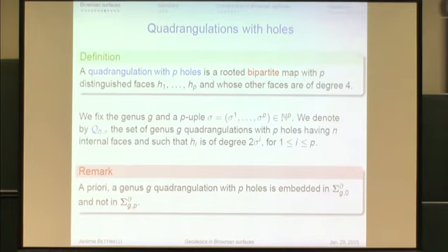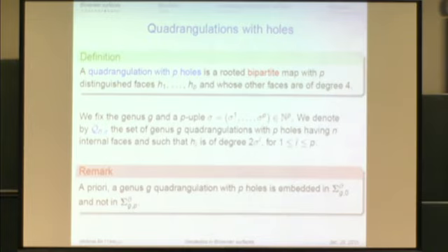What I call a quadrangulation with p holes is a map embedded in some surface of some genus without holes, and with p distinguished faces that I will call holes. And I actually want all the faces that are not the holes to have degree 4. So really, you have faces of degree 4 plus p faces of arbitrary degree called the holes.